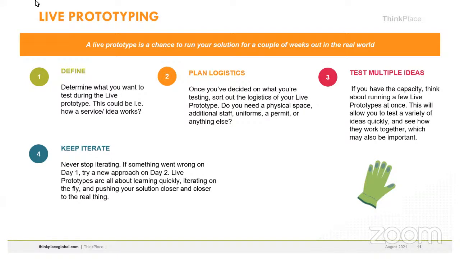So remember, even as you're saying, let me test 10 prototypes, do you have the money? And do you have the capacity? And do you have the time? Okay. And capacity can be in terms of resources. It can be in terms of people with the expertise you need to roll out those prototypes.